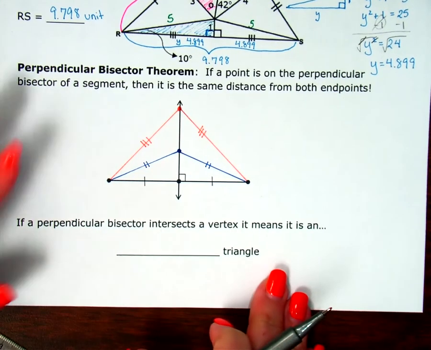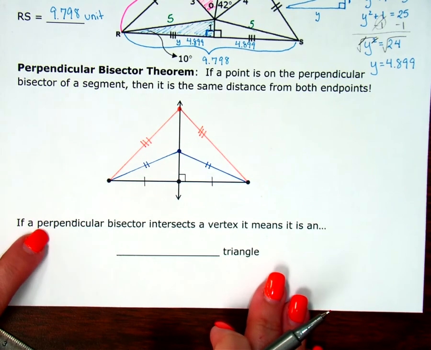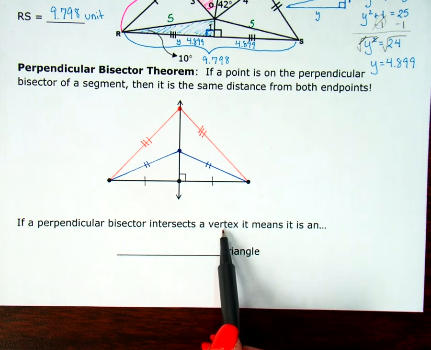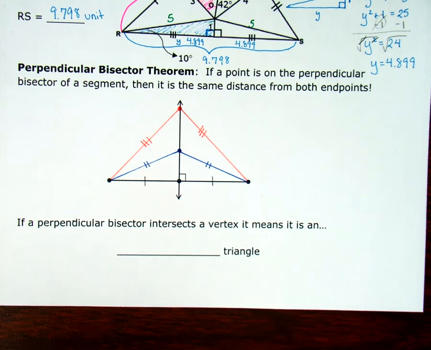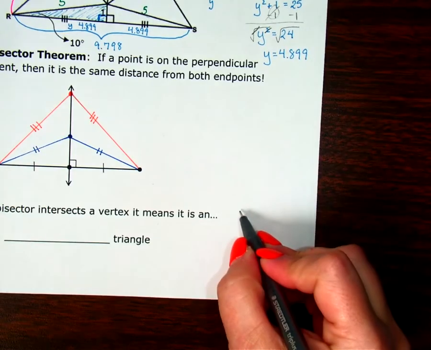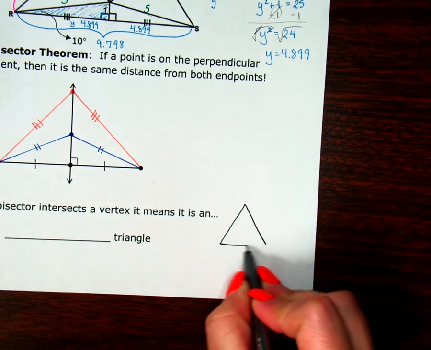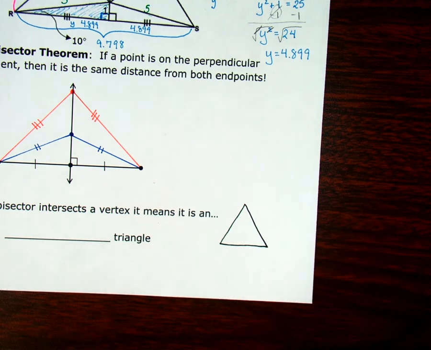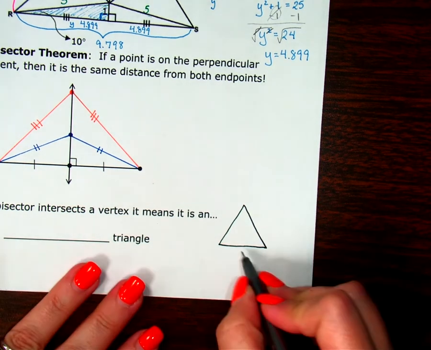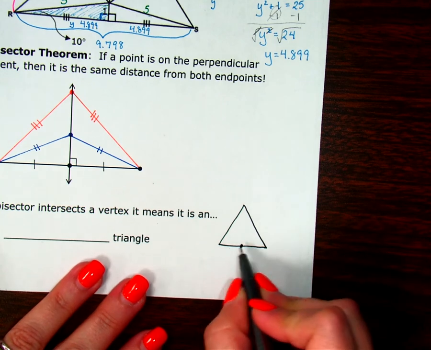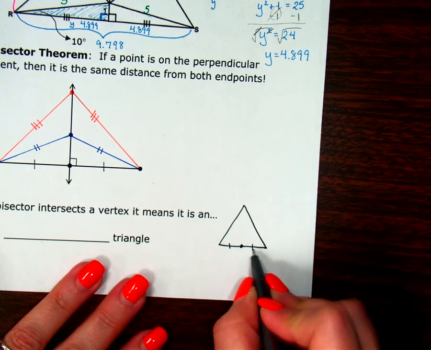And what that means is if when you draw your perpendicular bisector in, if it intersects the vertex on the opposite side of the triangle, that's going to tell us something about the triangle. Because think about it, if I have a triangle, and I draw in the perpendicular bisector, so if I find the midpoint, that's the midpoint.